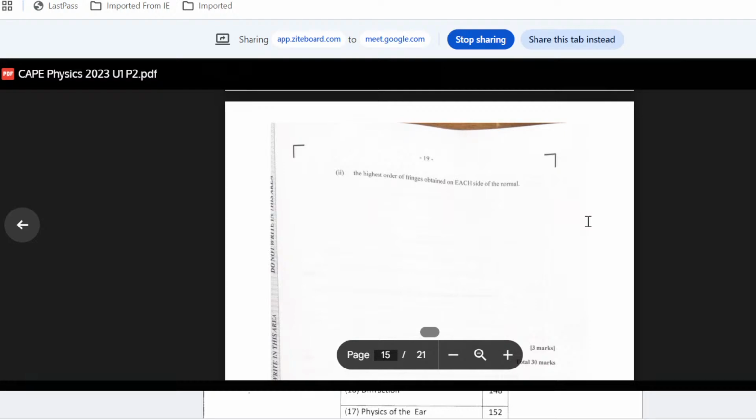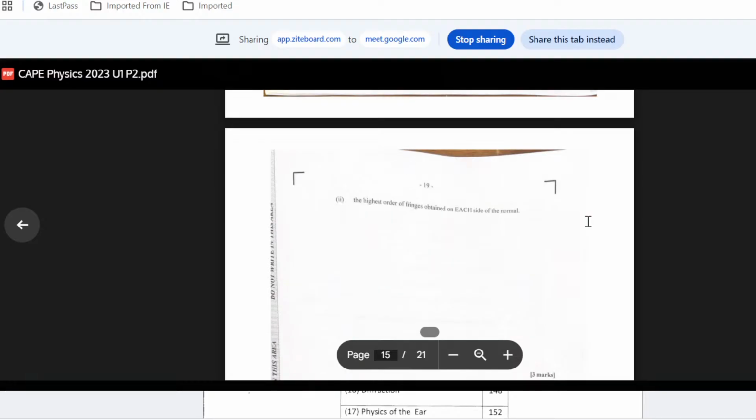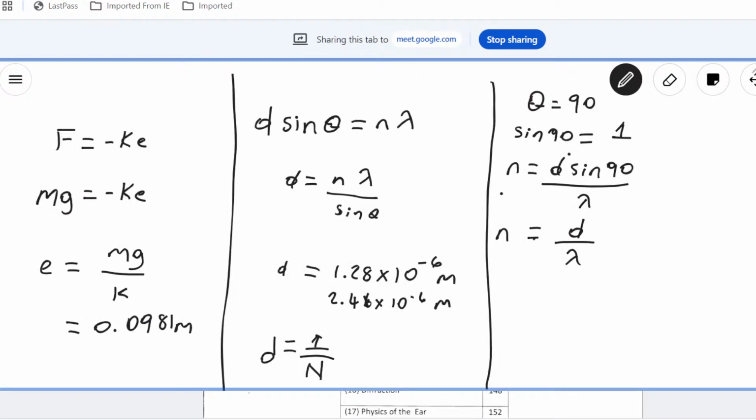Okay. What was the answer? 4th order. So you did 2.43 times 10 to the negative 6, and then you divided it by 5.89 times 10 to the negative 7?